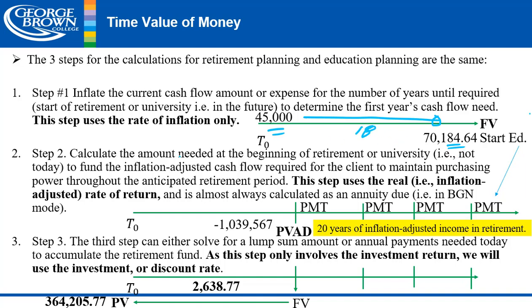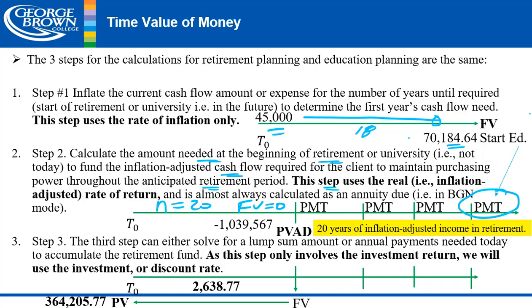So step number 2 is we're going to calculate the amount needed at the beginning of retirement to fund the inflation-adjusted cash flows required for the client to maintain purchasing power throughout the anticipated retirement period. This step uses the real inflation-adjusted rate of return. So this future value becomes your payment. N is going to equal 20 years of retirement. Future value is going to equal 0.